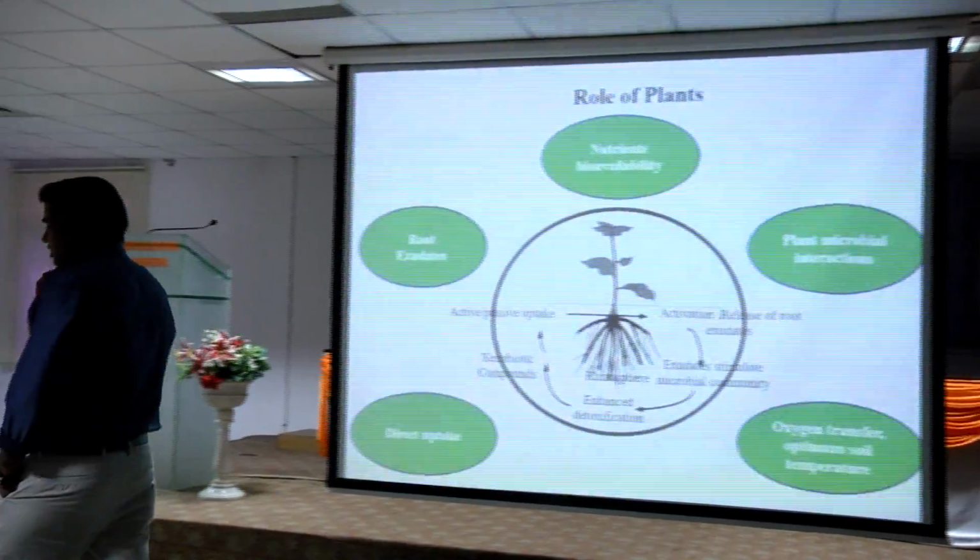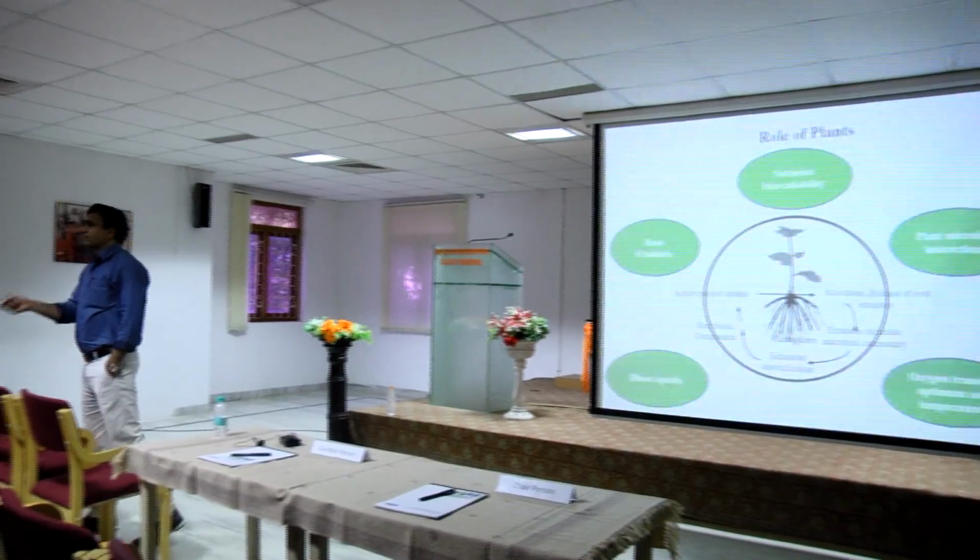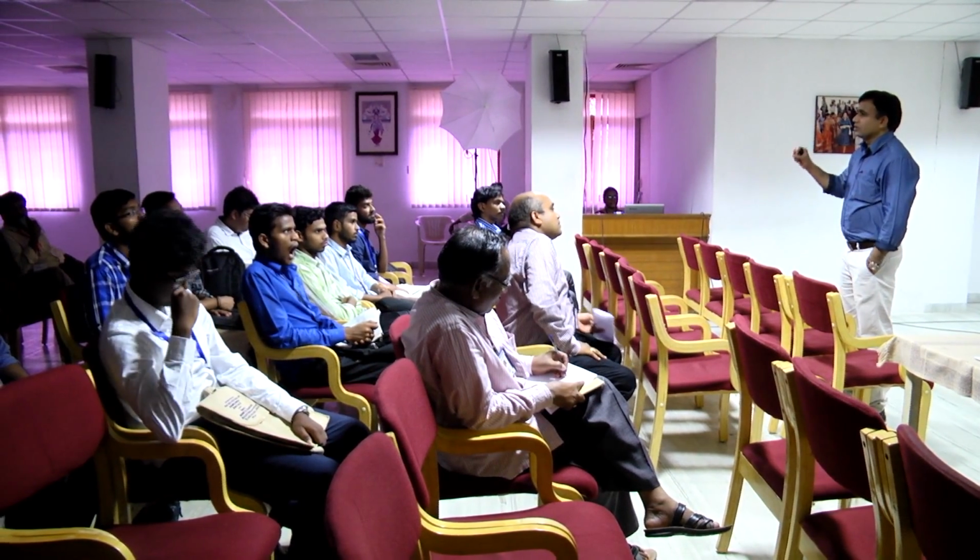Root exudates are a carbon source which is the most portable food for the microbes. So plant roots release some substrate, and that serves as a carbon source for the microorganisms present in the polluted site.